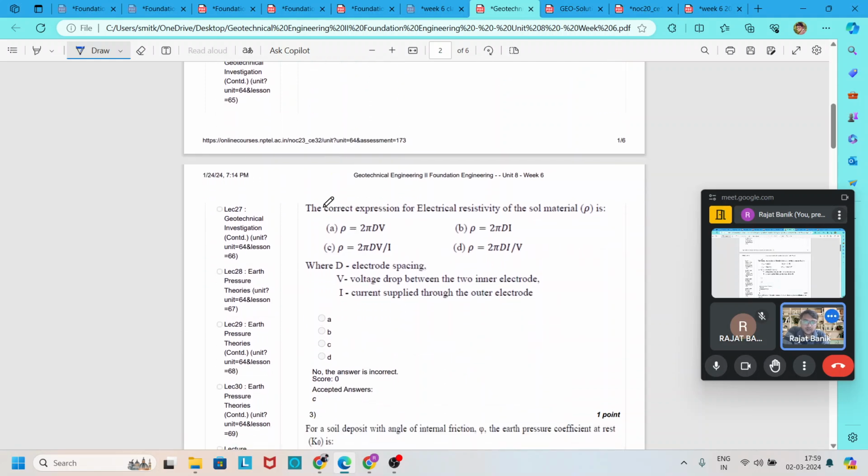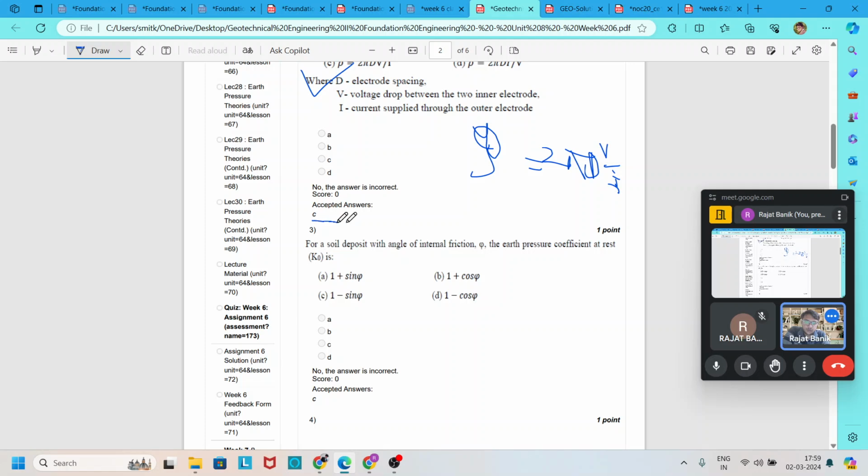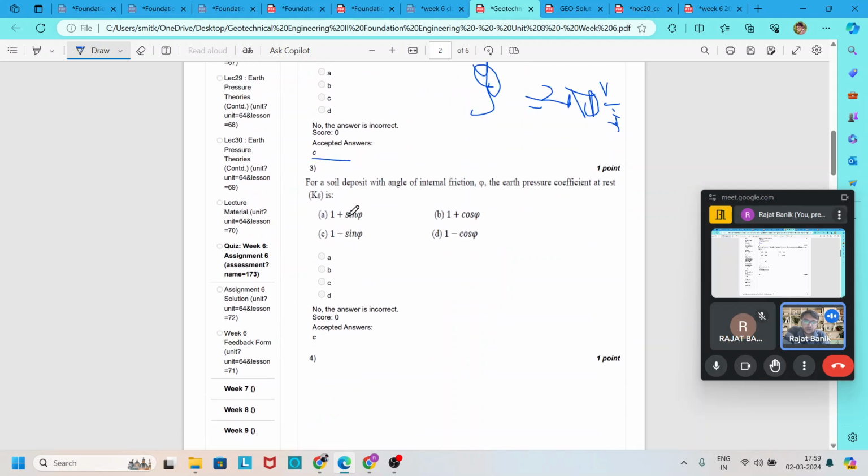Second question asks for the correct expression to measure the electrical resistivity of the soil. We know that rho, the electrical resistivity, is equal to 2 pi d into V by I. So our correct option is option C. Then question number 3: for a soil deposit with angle of internal friction phi, what is the earth pressure coefficient at rest?